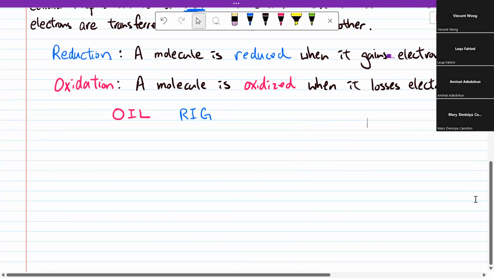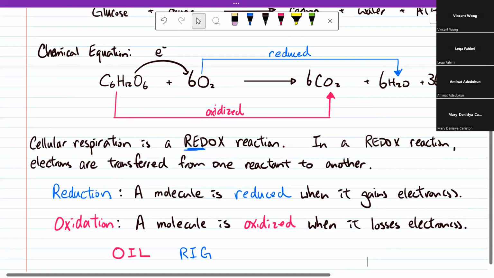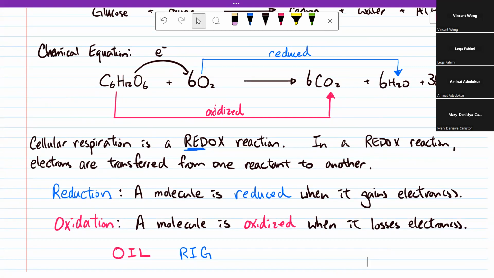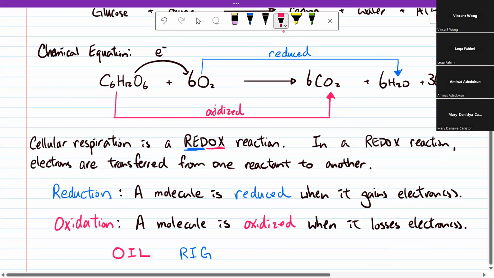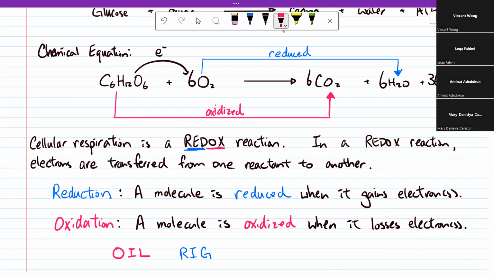Does anyone else have any questions about this? Reduction means gain electron. That's right. So if something picks up the electron, as is the case with oxygen here, we say it has been reduced. Okay, so a redox reaction, I forgot to highlight here, is essentially a reaction that involves both reduction as well as oxidation.